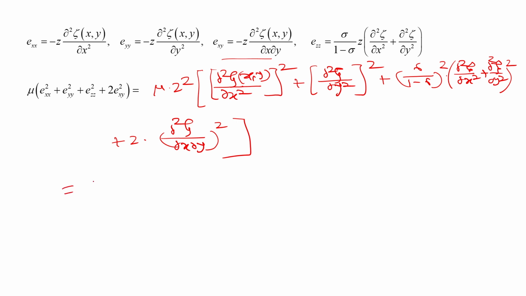So here mu into z square, and this is del square zeta by del x square, and this is del square zeta by del y square, both are whole square here. So let us do it like this.